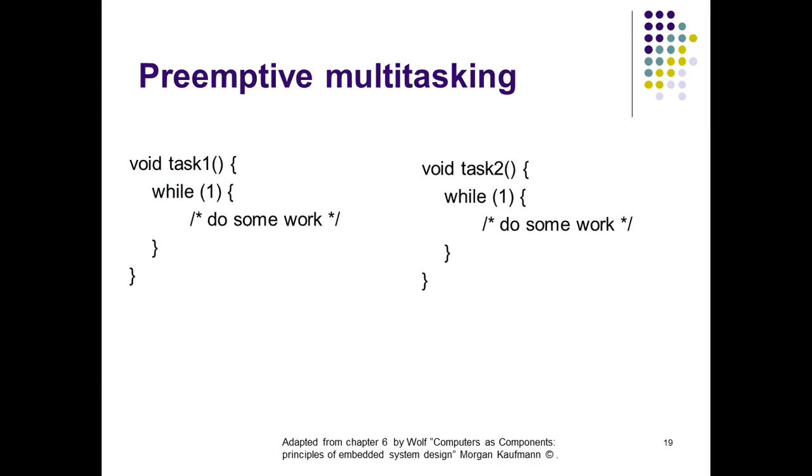Right. Now, as you can see, if you look at preemptive multitasking code, the big difference between this and previously is we no longer have this CS switch call within our work. We just write out our tasks, let the operating system take over and allocate which one is going to have the CPU at any given time.